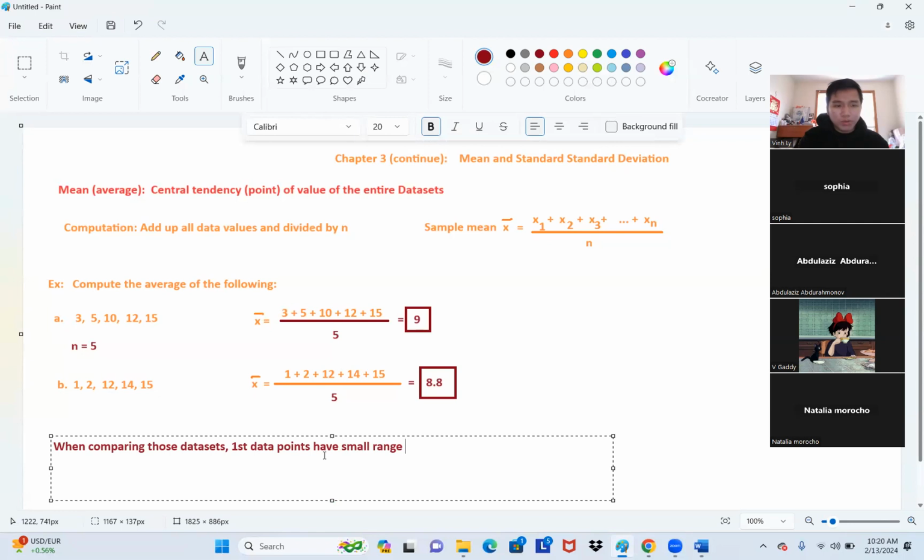The range was 15 minus 3, which is 12. But the second data is a little more consistent than the other.